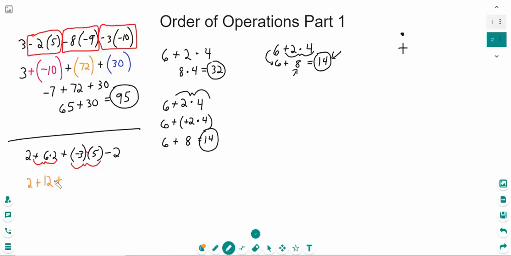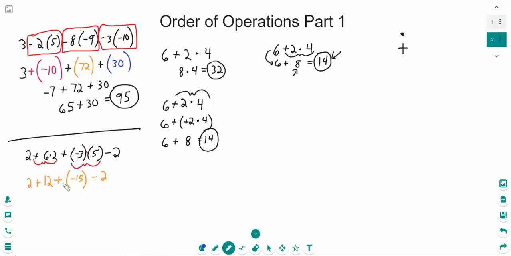We have plus, now what's our negative 3 times a 5? Hopefully you said negative 15. We'll just throw that in parentheses so we don't have two signs right on top of each other. And then we have our leftover negative 2. So now all the multiplication is done. Now we can go through and do the adding. So 2 plus 12 is 14.